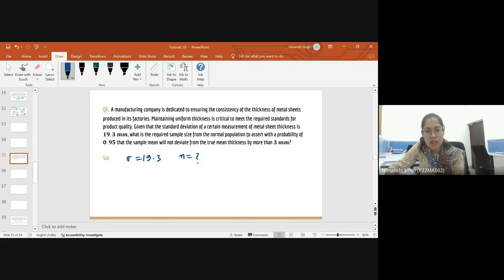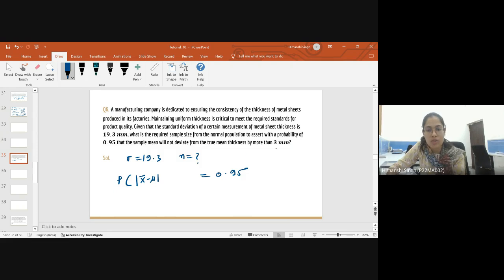from the normal population to assert with a probability of 0.95. So with a probability of 0.95, what is the assertion? That the sample mean will not deviate from the true mean by more than 3 mm.